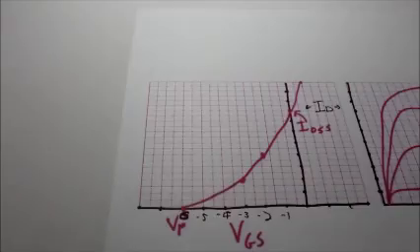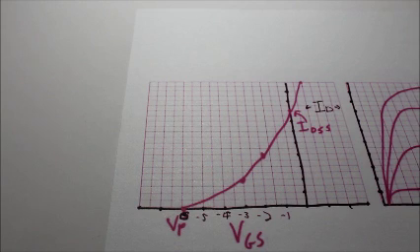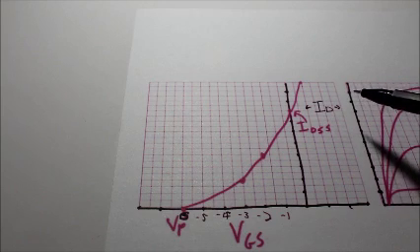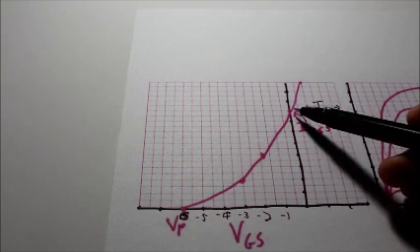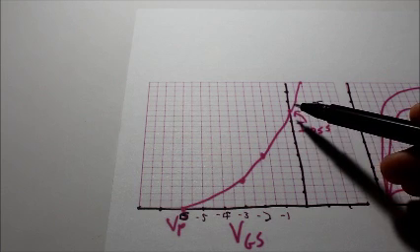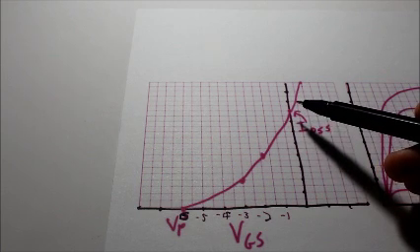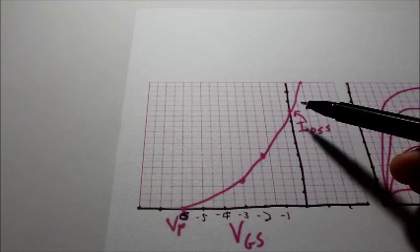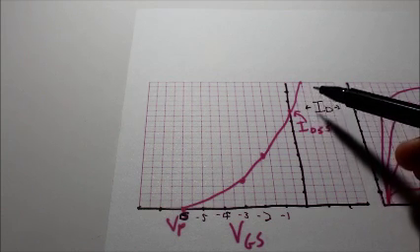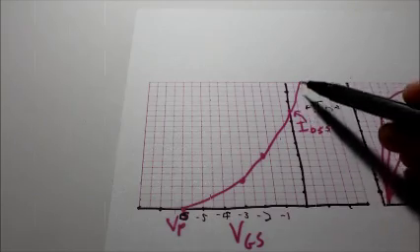And here we have another picture for the depletion type MOSFET with the relationship between VGS and ID. Here is my IDSS, which will be the maximum that I can have for my drain current for a JFET, but because we are dealing with a depletion MOSFET, it allows me to increase beyond my IDSS here.